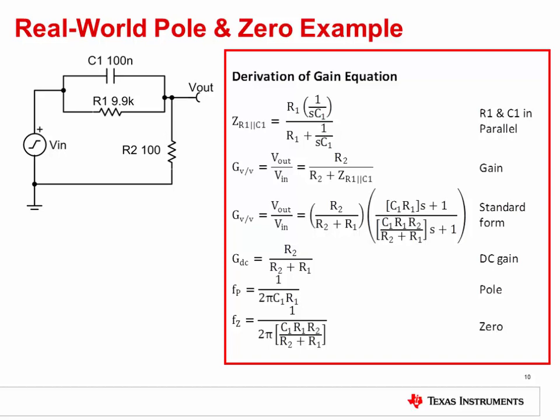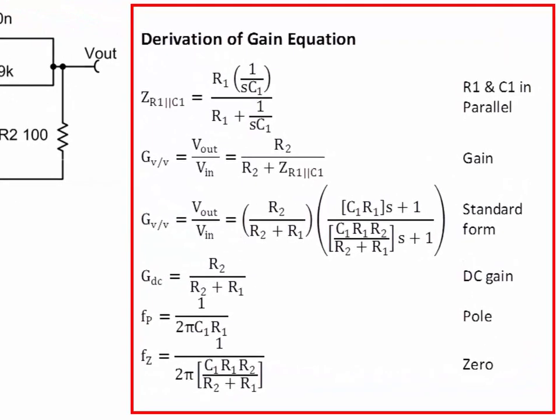The mathematics for deriving the transfer function and solving for the pole and zero are shown to the right. First, we start by finding the impedance of the parallel combination of R1 and C1. Next, the resistor divider relationship is used to determine the input-output relationship.